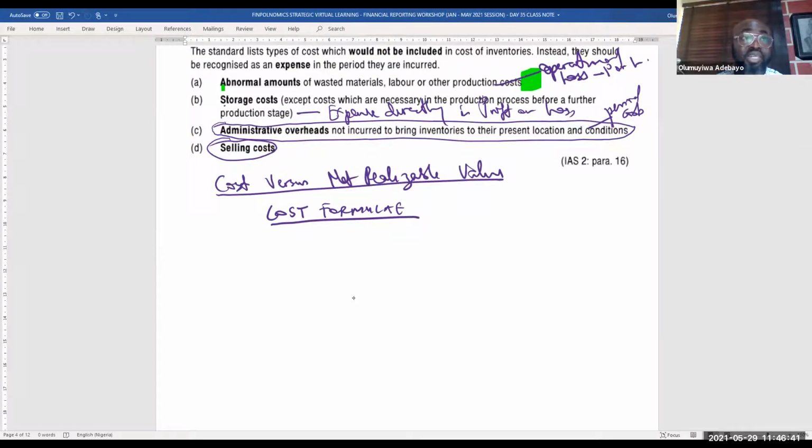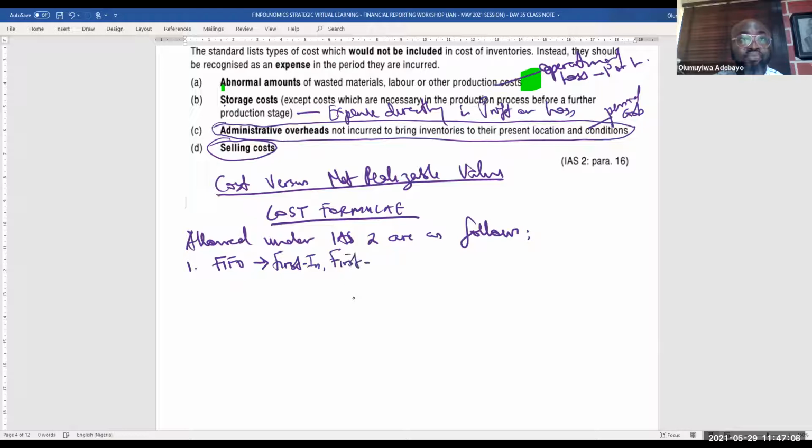The first cost formulas allowed under IAS 2 are as follows. 1, FIFO, which means first in, first out.